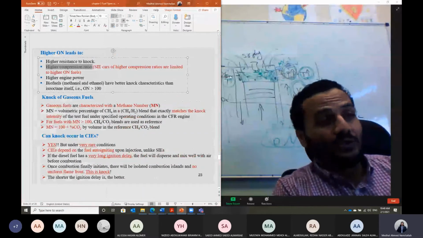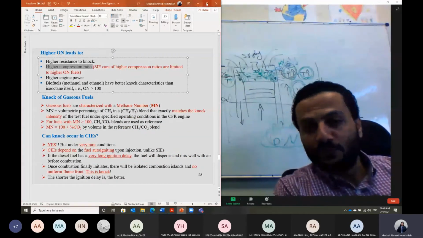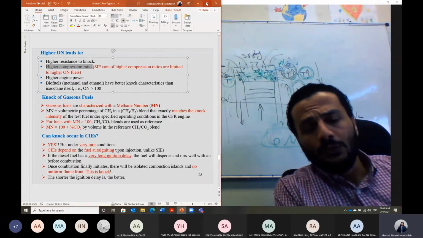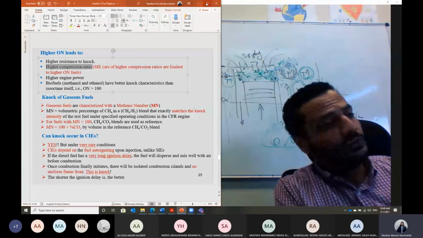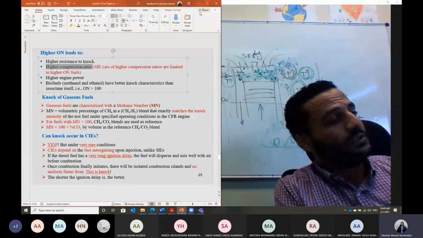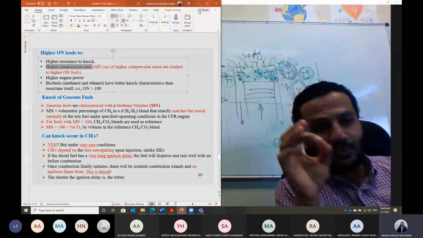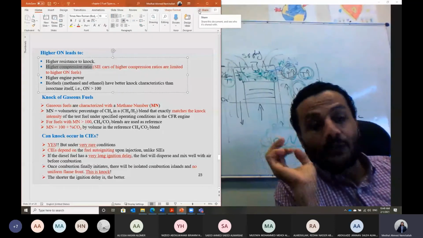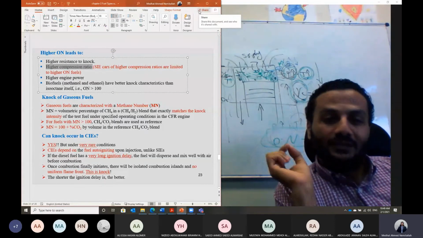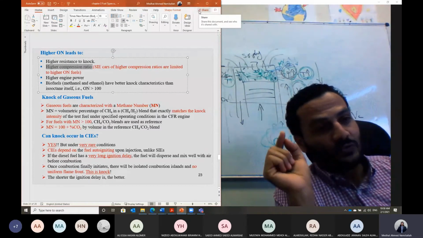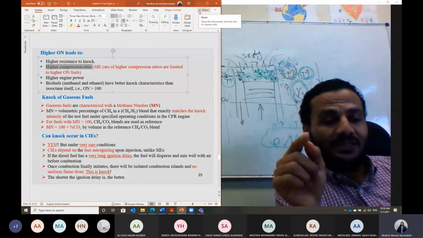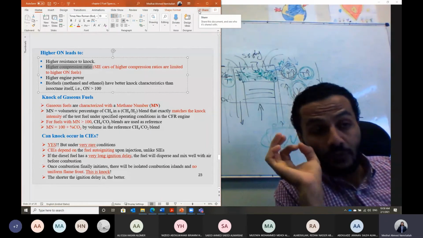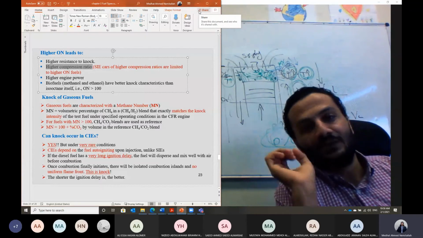That means the pressure and the temperature at the end of the compression stroke will be low. We will not have self-ignition of the fuel. If you use octane number 91, it will not self-ignite, and this is a very good, high purity fuel. So don't use 95 unless your car is turbocharged or supercharged, and unless the car manufacturer told you not to use octane number less than 95.